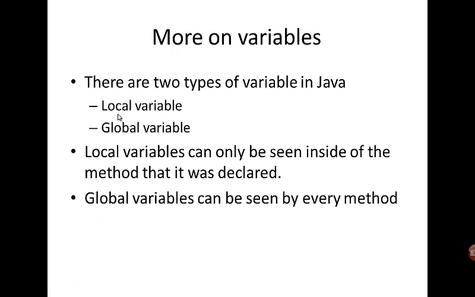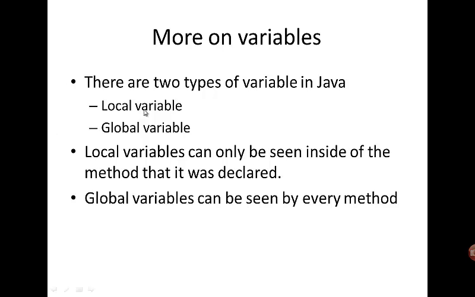I also need to introduce a concept called a global variable. There are two types of variables. One is called a local variable, and we have used that. Now you're going to be introduced to the global variable. The main difference is that global variables can be seen outside of the method.